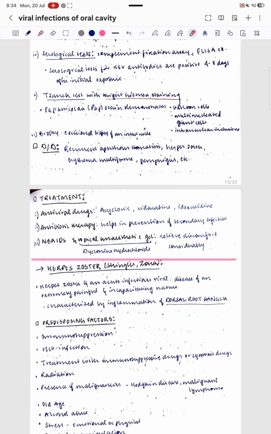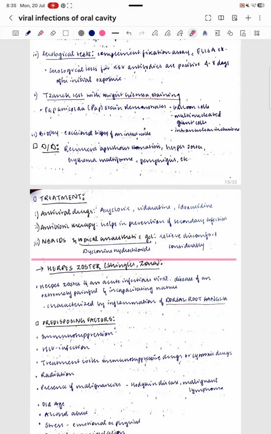Then at the end, if nothing works, then biopsy is always good for a pathologist. Then the DD, as it is recurrent, is basically a differential diagnosis. It could be confused with herpes zoster. Okay, that is very important in all of these. Okay, aphthous stomatitis also could be a DD.